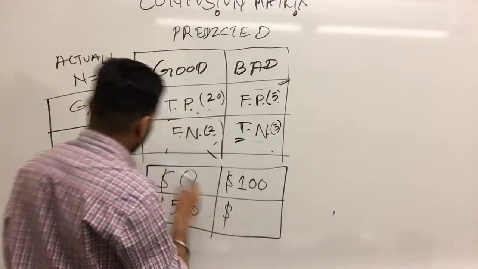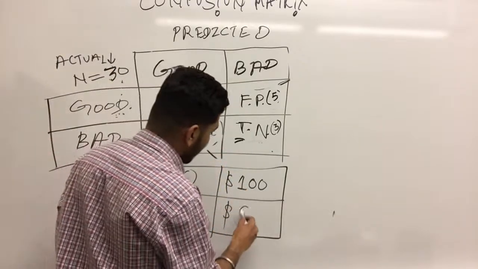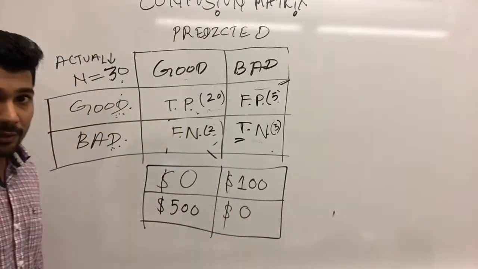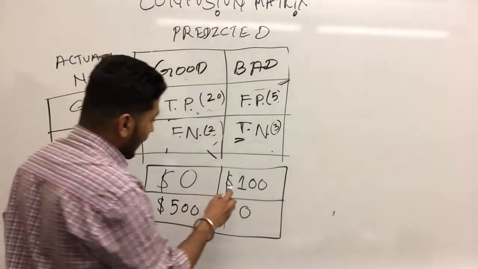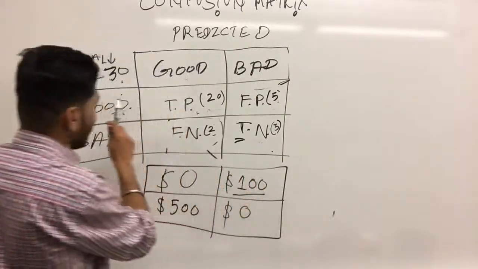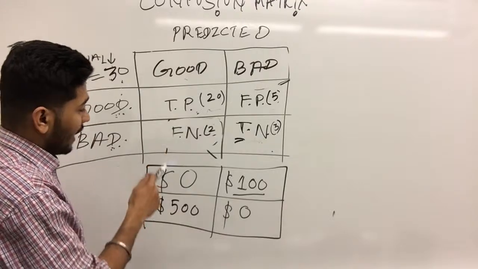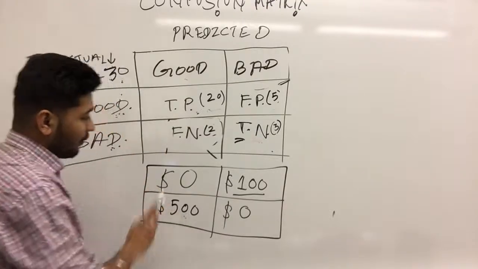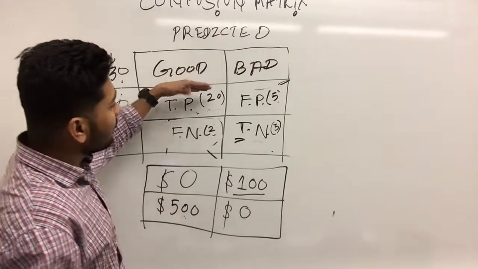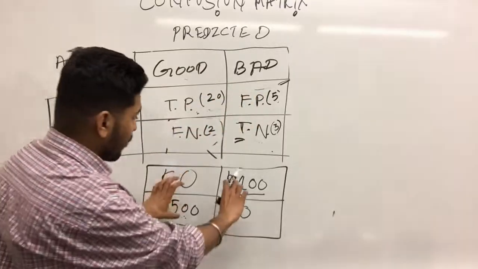And if you classify a bad customer as bad, nothing wrong, you will not get anything. So here you will get penalties, $100 for classifying a good as a bad, and $500 for classifying a bad as a good, because you know it's more harmful. So now multiply these values by the corresponding cost.